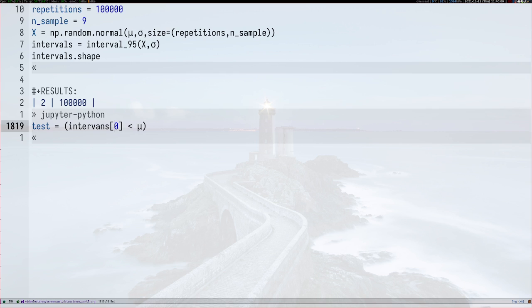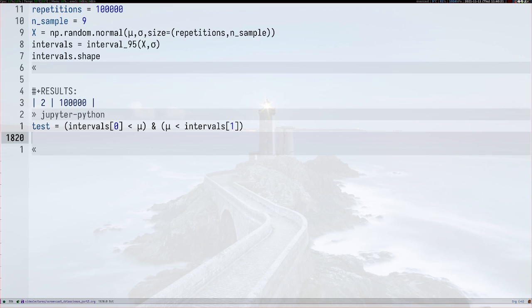Oops, this is actually wrong, intervals. And the second requirement is that mu should be to the left of the right boundary. So intervals, my boundary on the right.